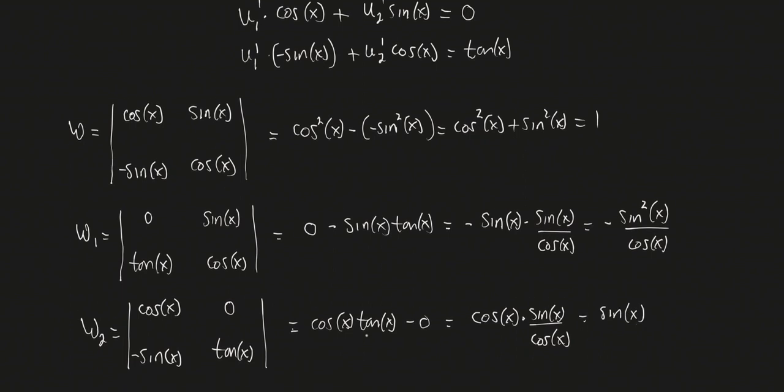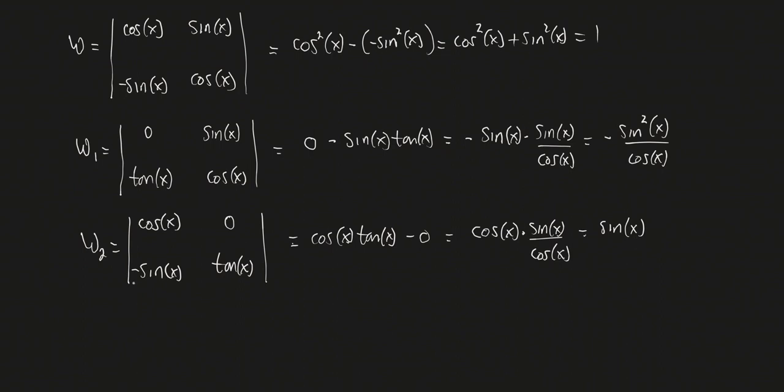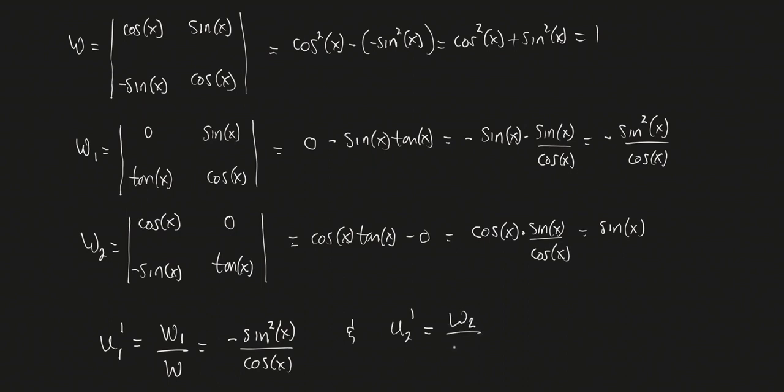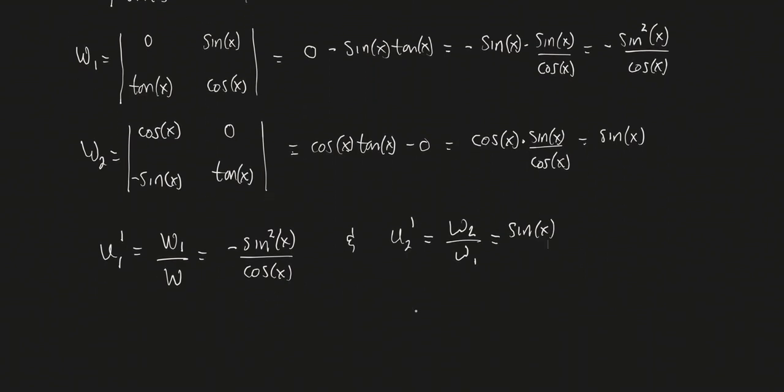Okay, so we have our Wronskians now, so we know that u1 prime is equal to W1 over W. But since W is equal to 1, these things are going to pretty much be the same. So u1 prime is negative sine squared x over cosine of x, and u2 prime is W2 over W, which is just the sine of x. So we're inching closer, we're getting there.